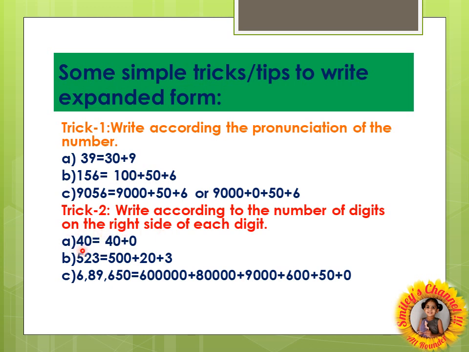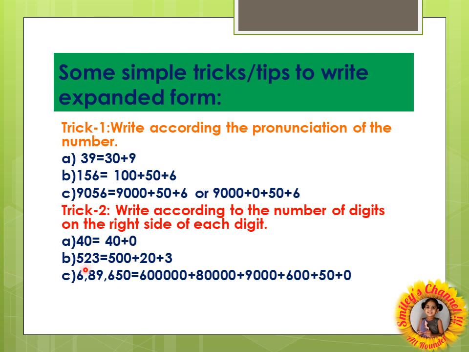So the first example is number 44. See, 4 you need to write. First 4 you write, and after 4 how many digits you have? Only one digit. So that is why 40 you are writing, plus the second number is 0 plus 0.